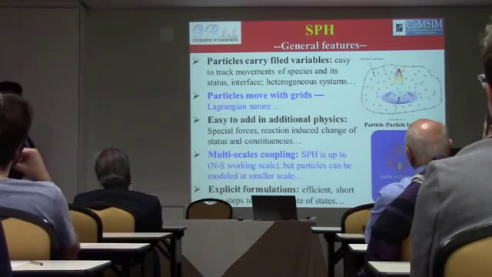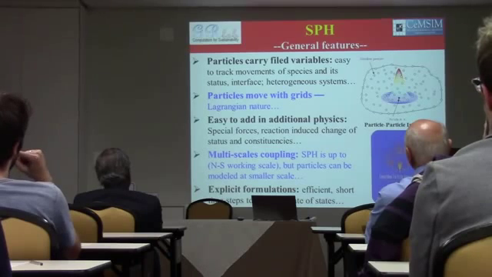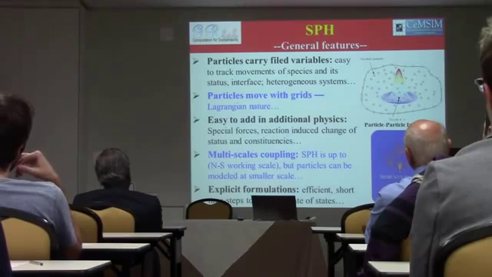The procedure of doing that is that we just discretize the domain with particles. Okay? And then we use this kind of bell shape smoothing function to perform the smoothing operation.